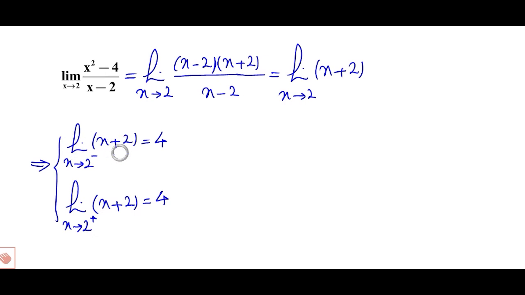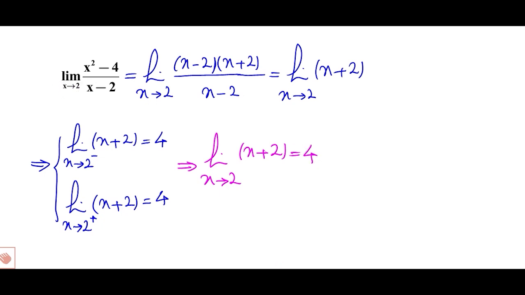So since left hand limit is equal right hand limit is equal 4, so the limit of x plus 2 as x approaches 2 is equal 4. So the limit of x squared minus 4 over x minus 2 as x approaches 2 is equal 4.